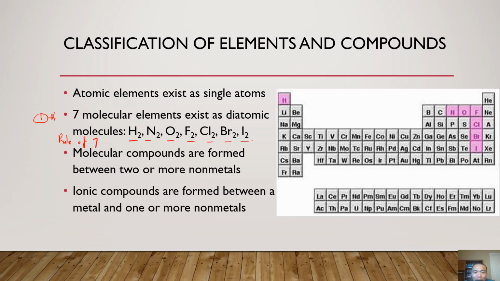Okay. And in the periodic table, 6 of those 7, if you look at the periodic table, this is hydrogen. And for the 6 of the 7 elements, it makes a nice number 7 out of it. So that's why this is the so-called rule of 7.